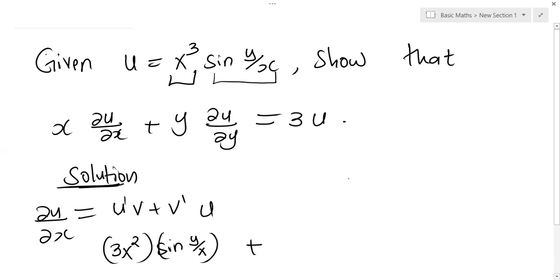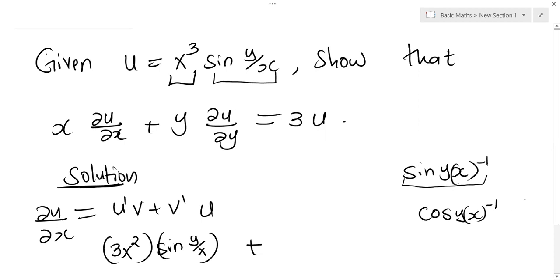v prime. Now differentiating sine y over x with respect to x, I want to write it as sine y x raised to power minus 1. It's like we have a function inside another function of x, so we are going to differentiate this using chain rule. I'll first differentiate the whole of sine as a block, and the derivative of sine is cos. So I'll have cos y x raised to the power minus 1.